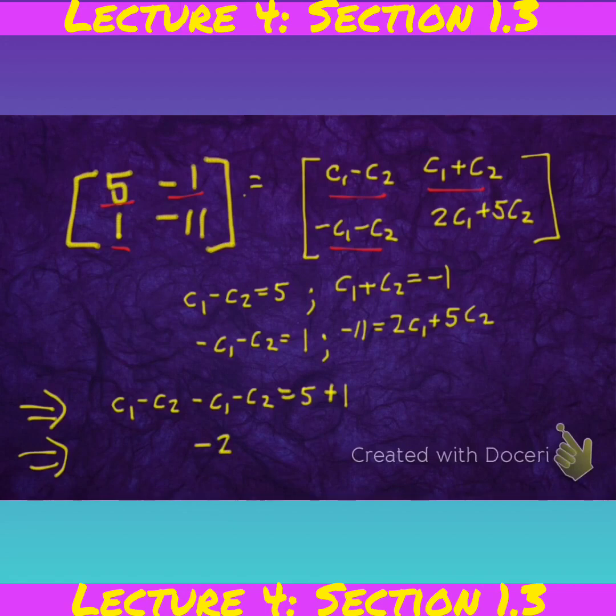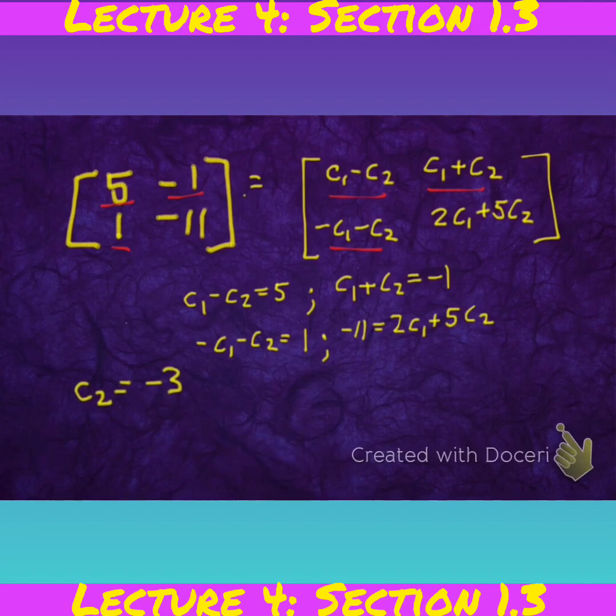So that's minus 2C2 equal to 6. And from there we can solve for C2 as minus 3. Okay, so we've solved C2 as minus 3. And then plugging that back in, we get C1 minus C2, which is minus 3, needs to be equal to 5, and from there we can solve for C1, and C1 is going to be 5 minus 3, which is 2. Okay, so we solved for C1 and C2.